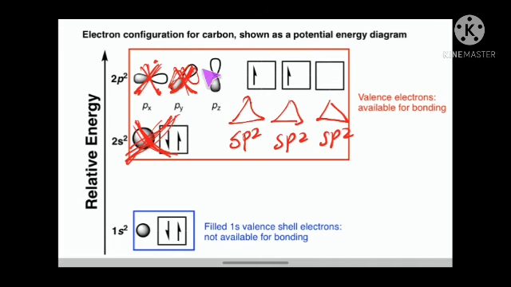Now check. Hybridized orbitals form what? Sigma bonds. So how many sigma bonds do we have? We have 3 sigma bonds, because each orbital contributes 1 bond. And how many unhybridized orbitals do we have here? We have 1 unhybridized orbital.